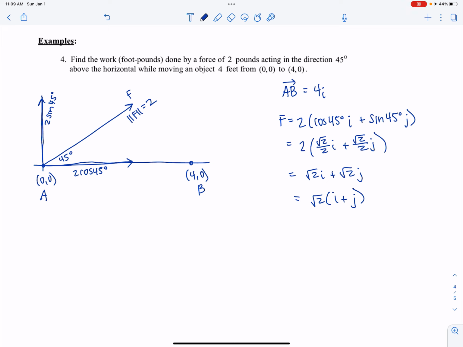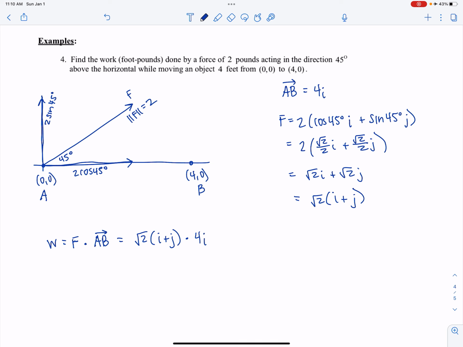Now, we found all of our pieces. Now we can write out what our work is. Our work is our vector F times our vector AB. So the work being done is the force times the direction vector. So we have F, which is root 2 times i plus j, and we're multiplying this times AB, which is 4i.